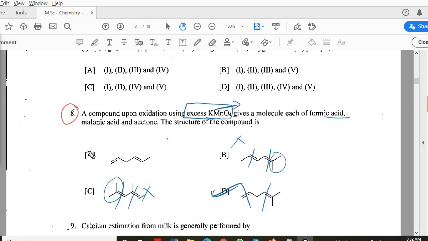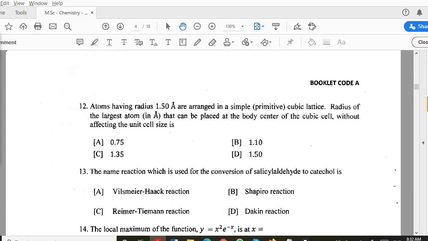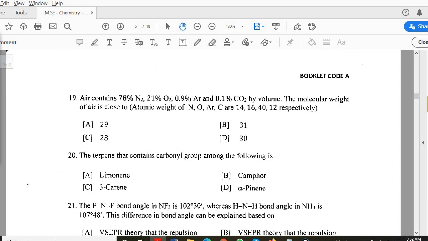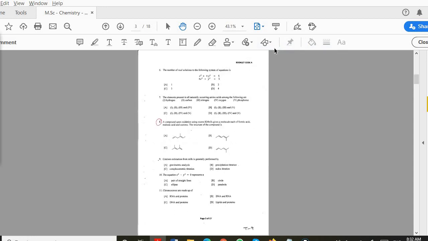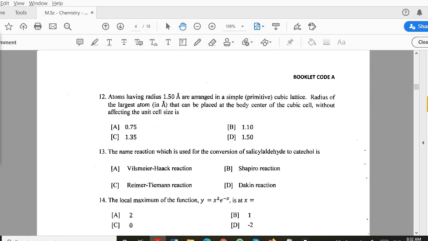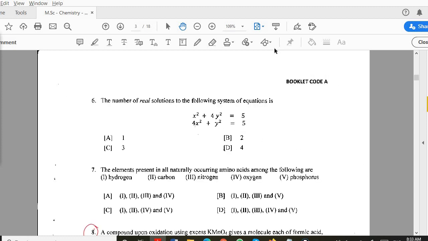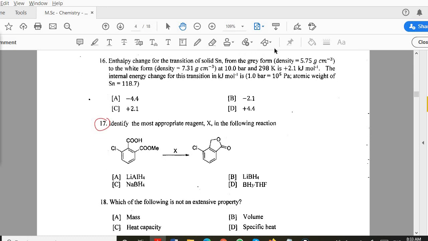So the next question, 17. This question number 17 is also from the reagents topic.